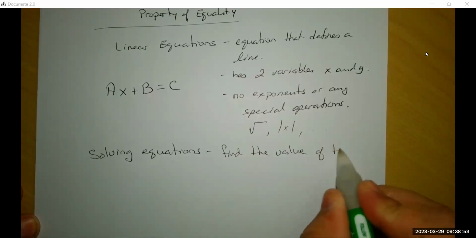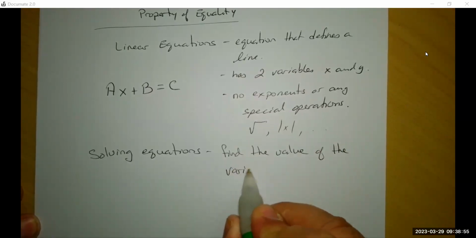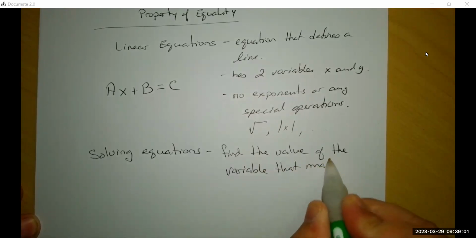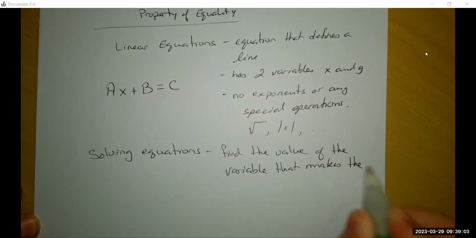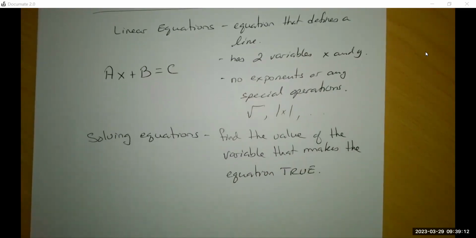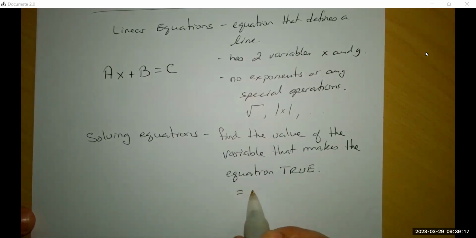Find the value of the variable that makes the equation true. That's called a solution. When we solve linear equations or any type of equations, we're looking for a solution. It's what value or values makes the statement true or the equation true.